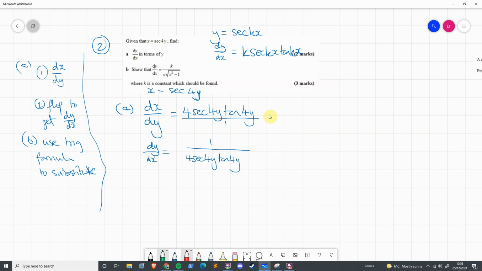You could be tempted to think, well, I know that 1 over sec equals cos, so you could have this as a quarter cos 4y cot 4y, because that would be what tan would be flipped.